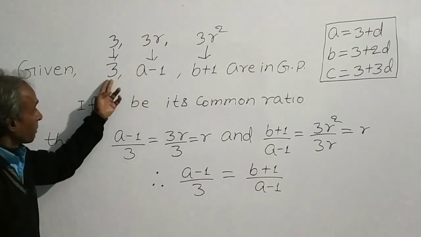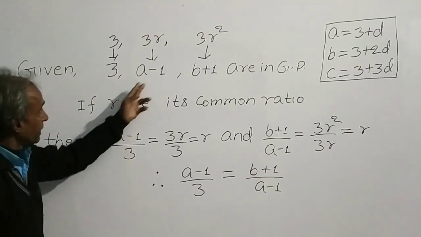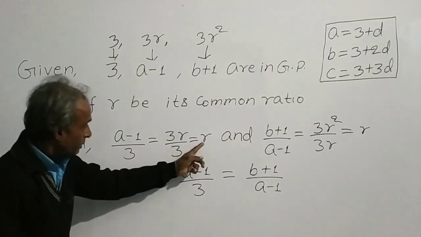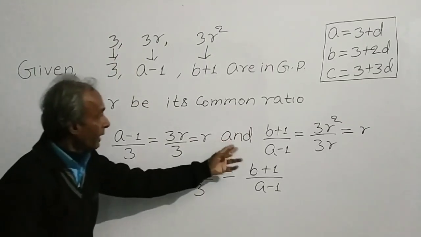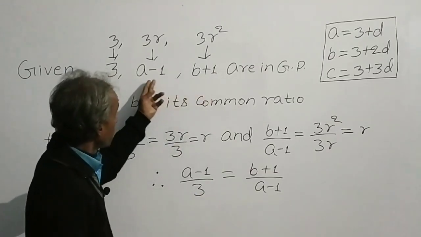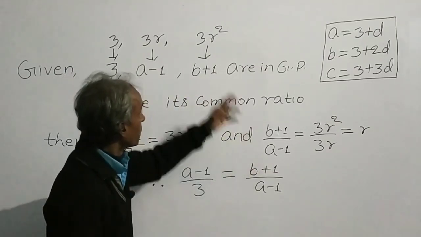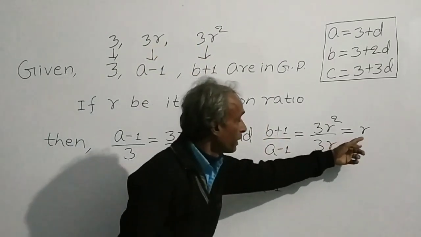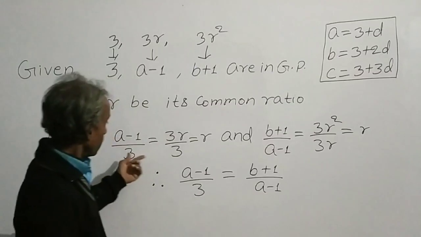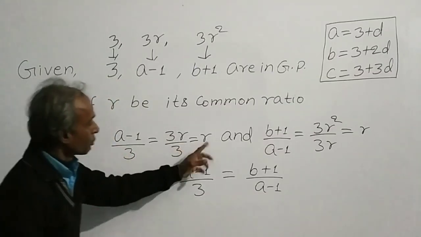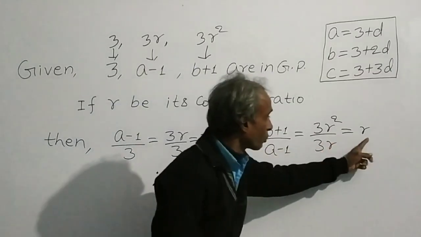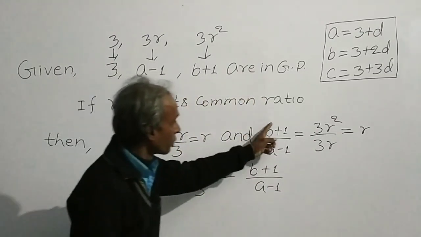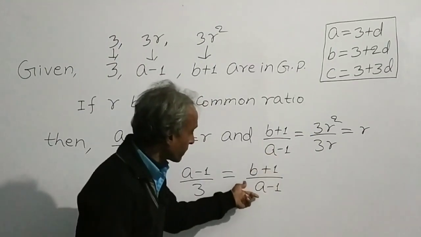Then A minus 1 by 3 is 3R by 3, that is equal to R, and B plus 1 by A minus 1 will be equal to 3R square by 3R. This will also be equal to R. Therefore, A minus 1 by 3 will be equal to B plus 1 by A minus 1.